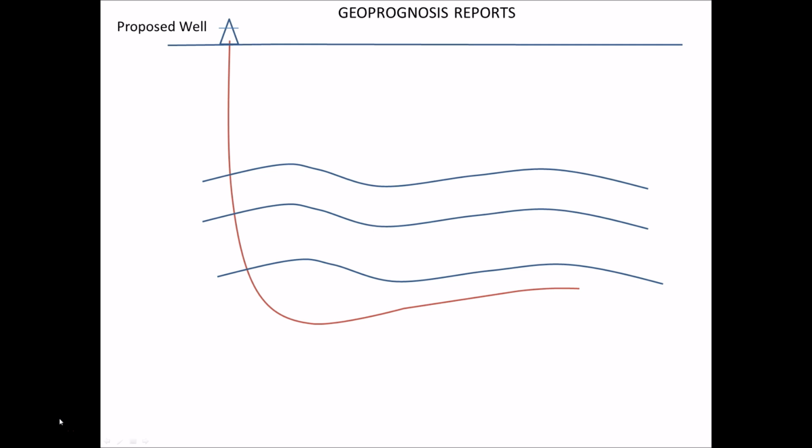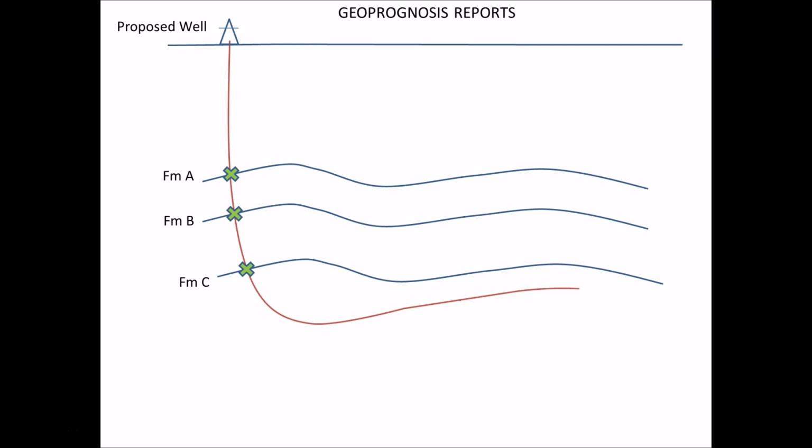Calculating geoprognosis reports for proposed wells is one of the most common workflows in upstream oil and gas. The interpolated tops feature makes it very easy to generate a geoprognosis quickly using ISOMAP layers. Simply create a well-based filter for your proposed wells, select the subsurface layer, and generate the geoprognosis tops.